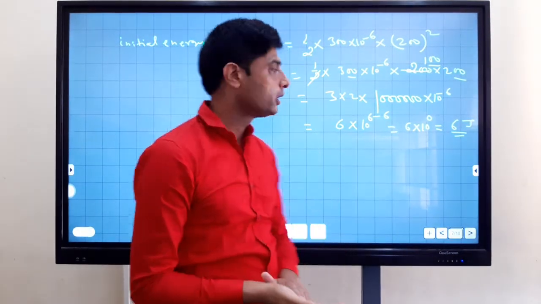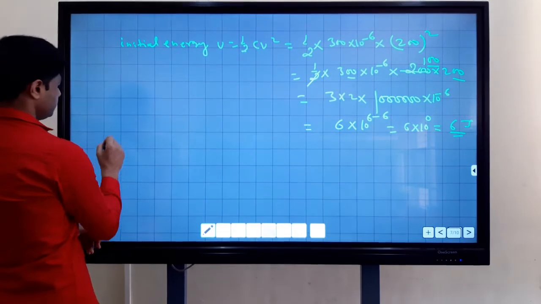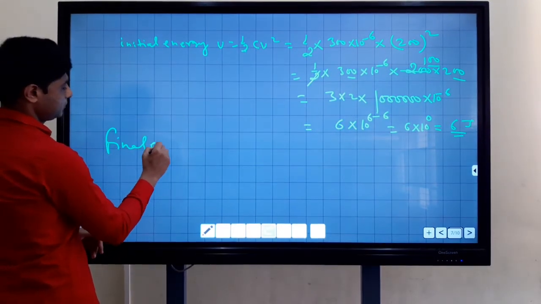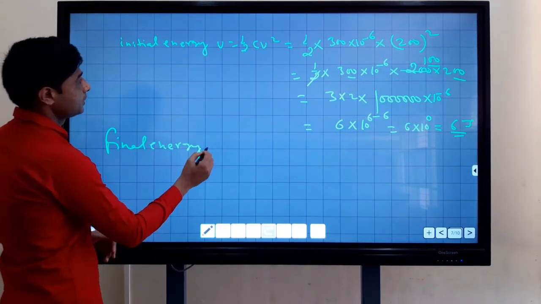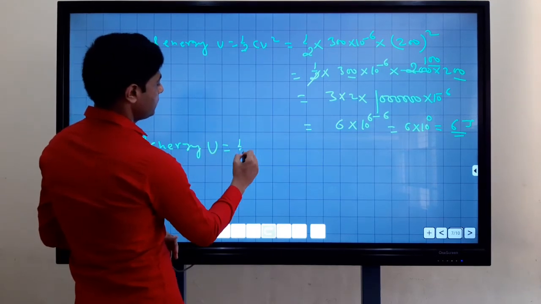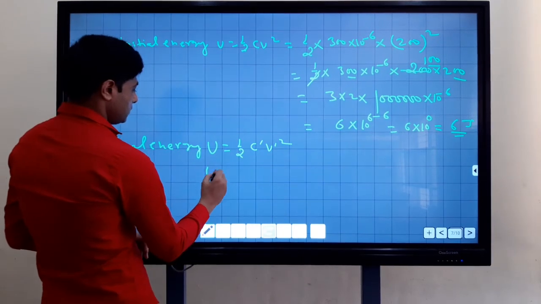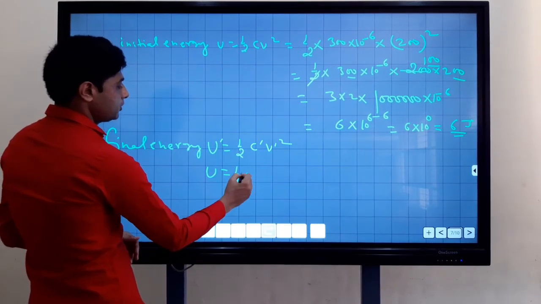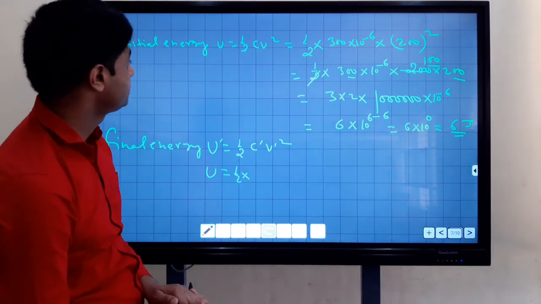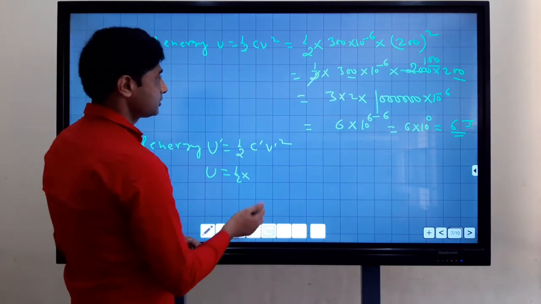Now we have to find the final energy. U equals 1 upon 2 C dash V dash square. What is the value of C dash?